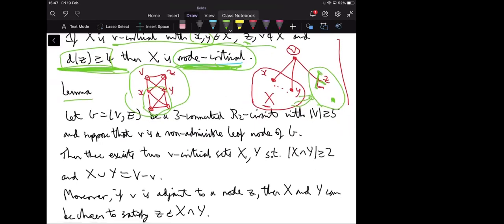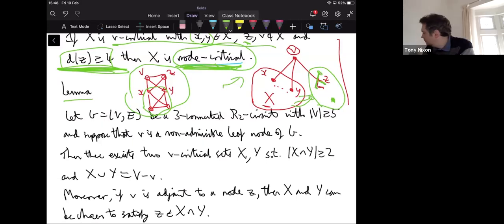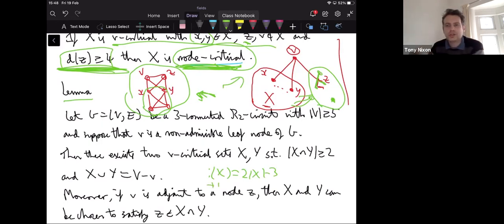Hey, Tony. Yeah. I have sort of a dumb question. If I do a 1 reduction at V in this red picture, and I add the edge in the critical set X, that would make the resulting graph flexible? No, not necessarily. So what it's saying is that you have I of X is 2X minus 3, and you add 1 edge to this, so you get a subset that violates the inequality you need for circuits.